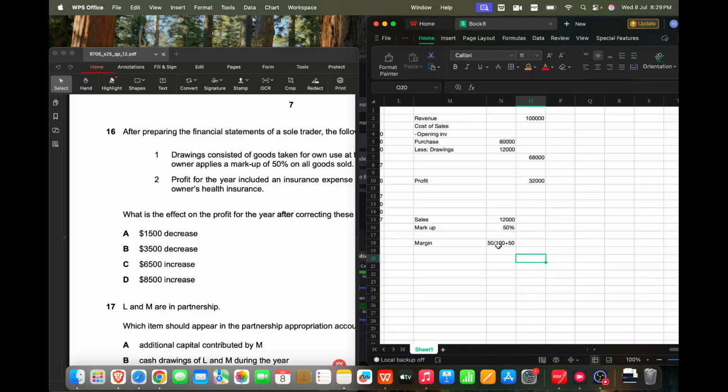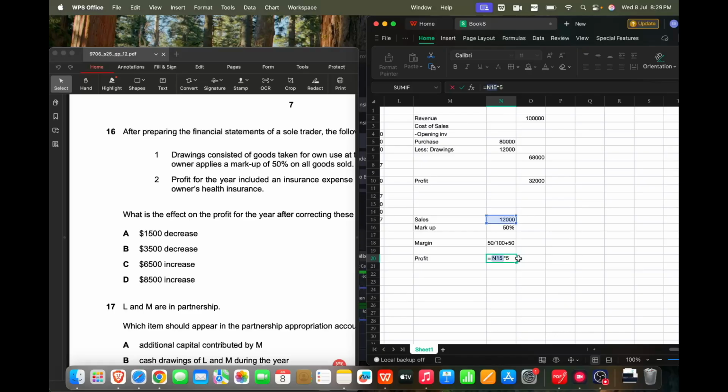This is how you calculate margin percentage from markup. So let's calculate the profit included in this sales. The profit included here is this into this. Oh, sorry, I am not able to do that.